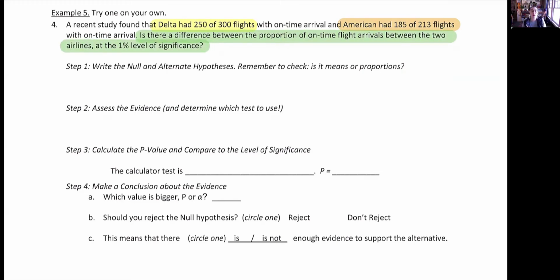Do you see that we're basically asked the exact same question as in example 4, except the only thing that's different is our level of significance? We're going to be doing this a lot. Once you get solid on the idea of the hypothesis test, everything will just click into place and all of these lessons will be really straightforward for you.